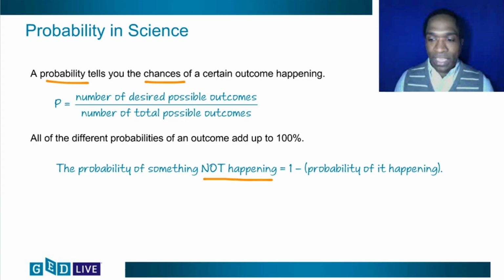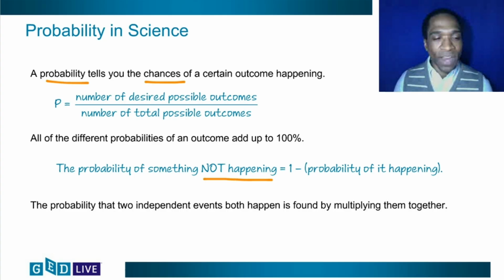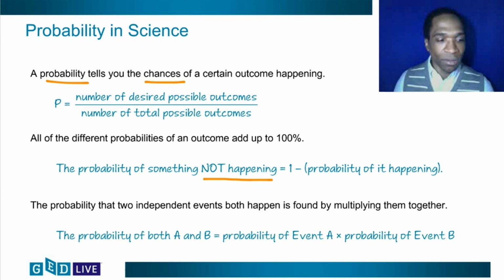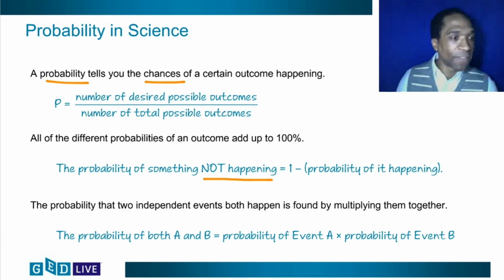Now, another thing to keep in mind is the probability that two independent events happen. What we do is multiply them together in this formula here. So probability of event A times probability of event B. So another example, right? Let's say that we wanted the probability that it will rain and be windy tomorrow. So if the probability that it will rain is 50%, and let's say the probability that it will be windy is the same, right?